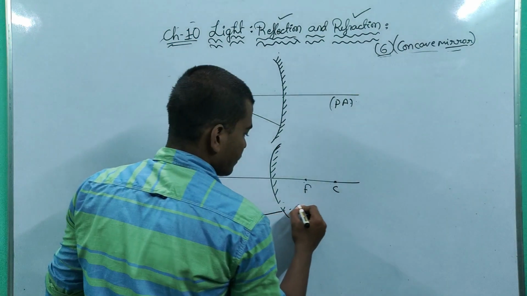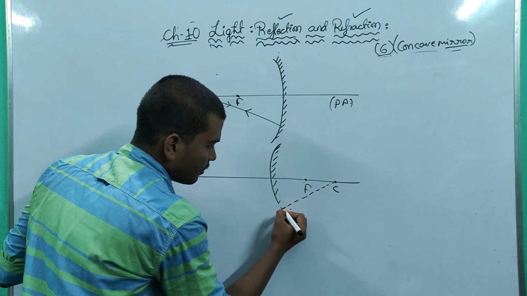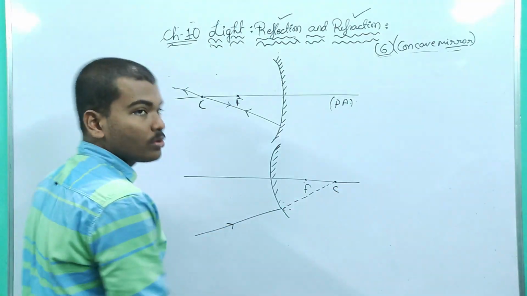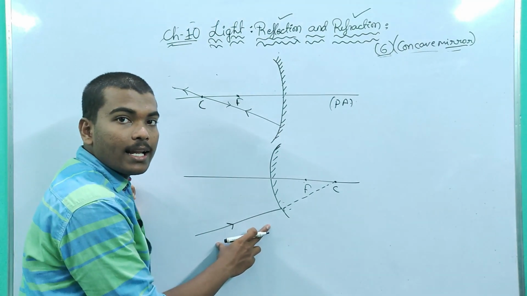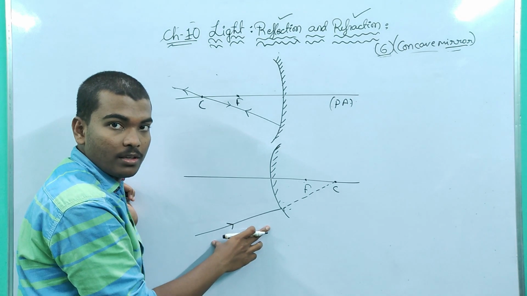Let us draw this one first so that it will be easy. If a line is targeted at C, like this line, you can tell it passes through C, or appears to pass from C.